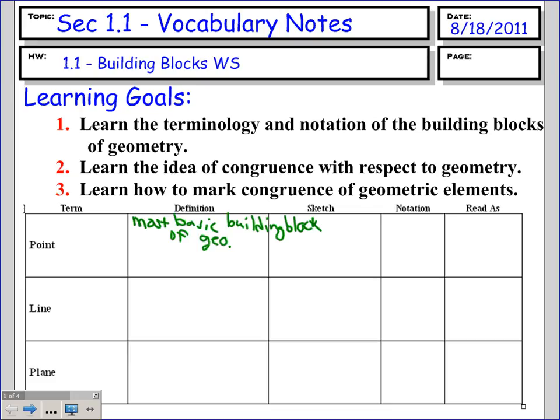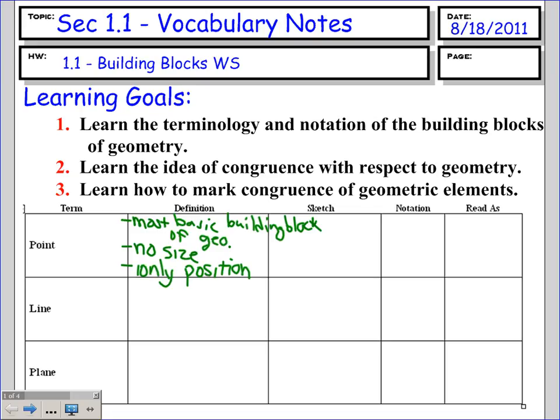I have horrible handwriting right now. There is no size. There's only a position or a location.